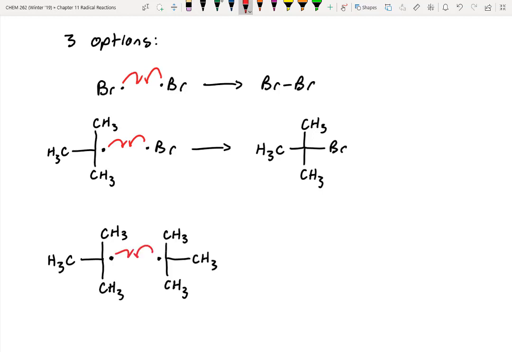This usually isn't as likely. Does anybody know why? Sterics, right? Sterically, this is a lot less likely to occur than the top 2. But if you were to look at your reaction mixture, there's a fair chance that you would observe this as one of your minor products, where you'd create a new carbon-carbon bond.